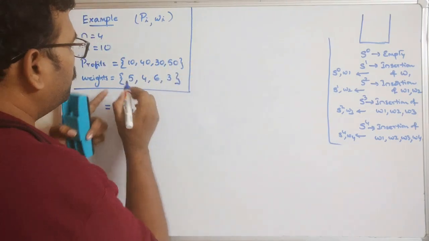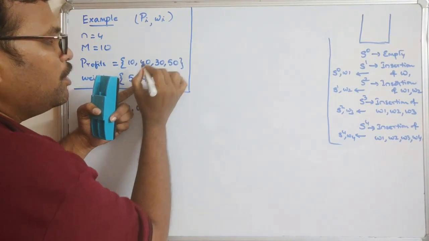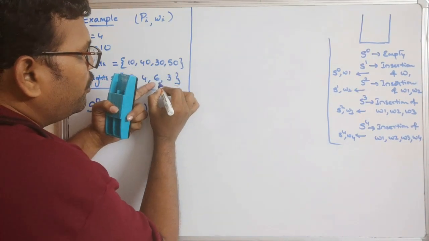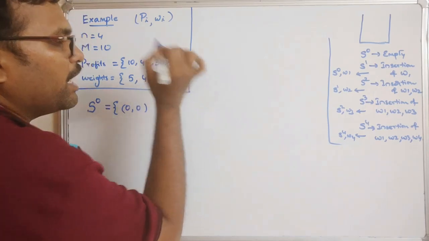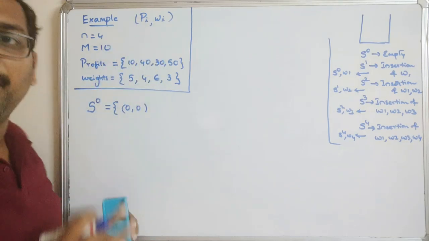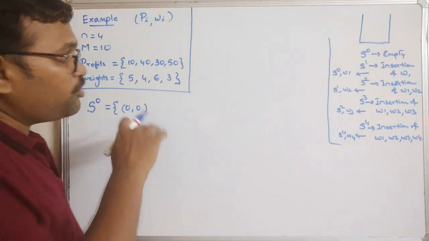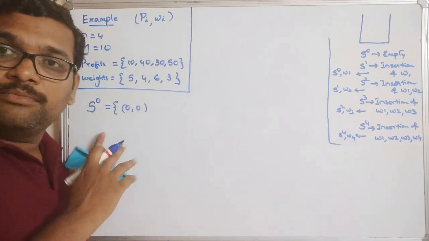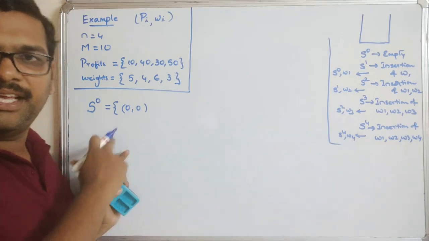So if you want to move 5, you will get a profit of 10. If you move 4, you will get a profit of 40. If you move 6, you will get a profit of 30. If you move 3, you will get a profit of 50. So we are representing this profit and weight as a pair, PI and WI. So initially, everything will be represented in terms of sets. Set means nothing but a collection of pairs here.